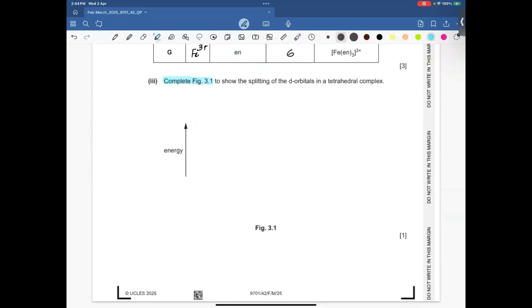Complete figure 3.1 to show the splitting of the d orbitals in a tetrahedral complex. So in a tetrahedral complex, we have degenerate d orbitals. Degenerate d orbital means equal energy orbitals. And when the tetrahedral arrangement is established, obviously these degenerate d orbitals are split into 2 different sets of energy groups, right?